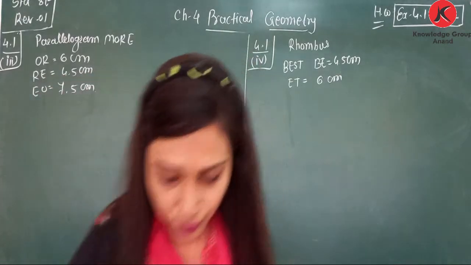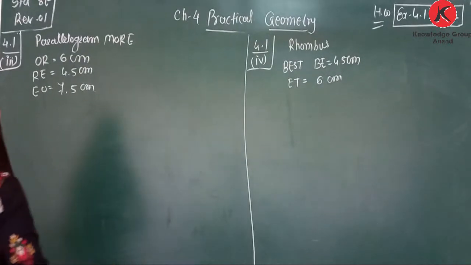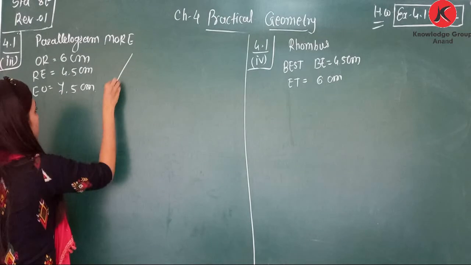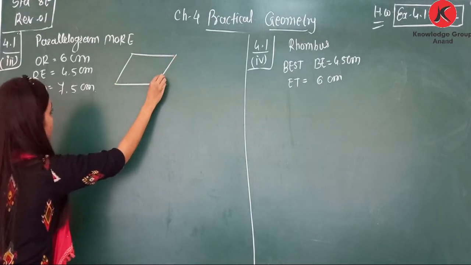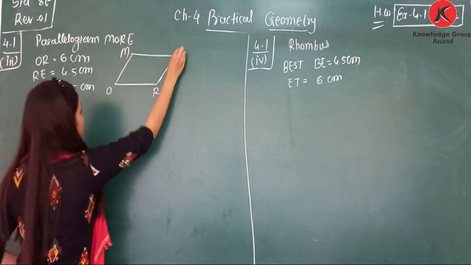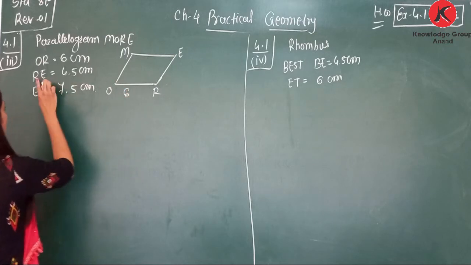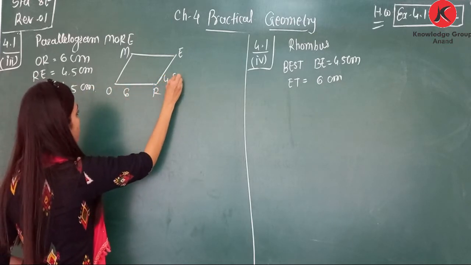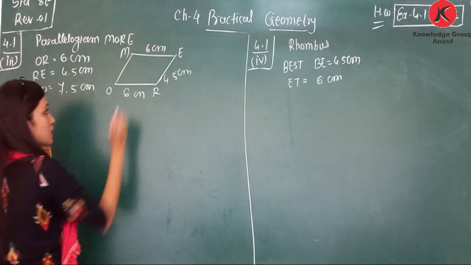Third question. So here let's draw a rough figure. This is a parallelogram. OR is given 6 centimeter. RE is given 4.5. So if this is 6 centimeter, this one is also 6 centimeter.